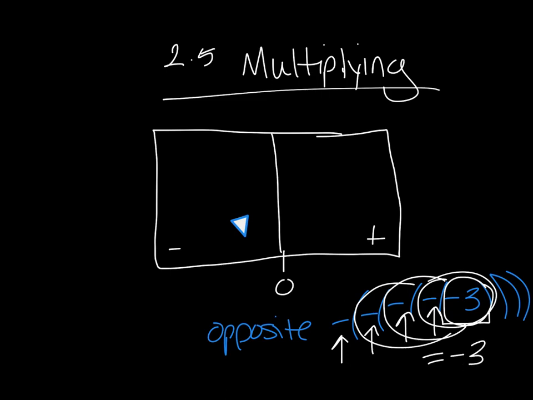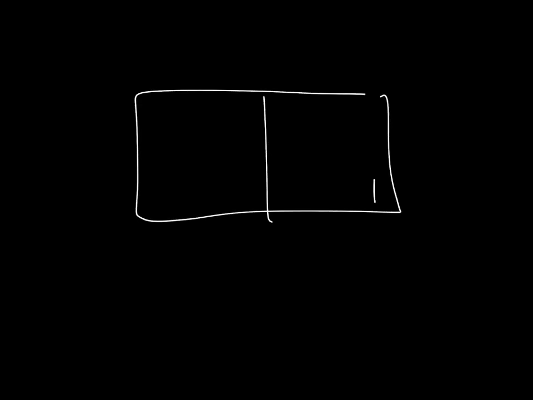So multiplying is pretty much doing the same thing. So let's go to a new page here, back to my positive and negative world. Let's say I have 2 times 3. What that means is I have 2 groups of 3, right?